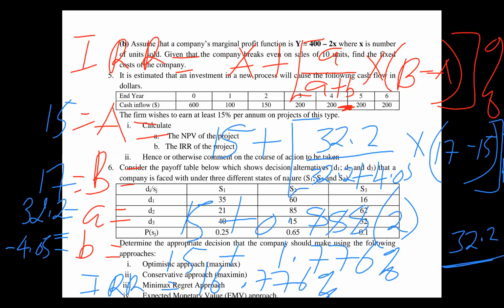Using that ruling, should they invest or not? They should invest. Okay, why do you say so? Looking at what we found, 32.2, which would be good.